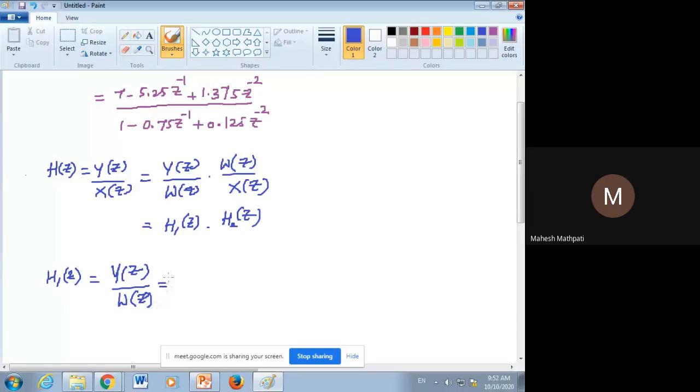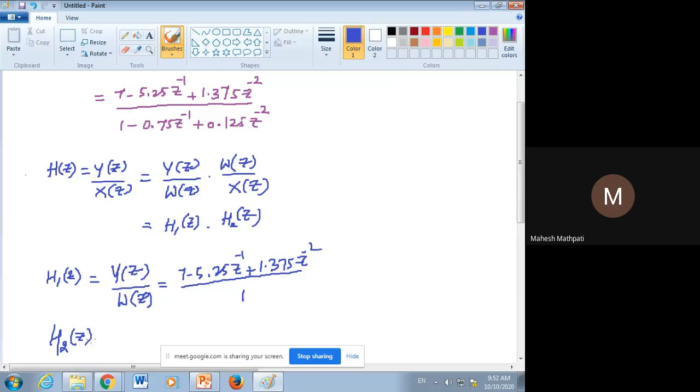The first part I will take as 7 minus 5.25 z inverse plus 1.375 z power minus 2, divided by 1. Can I take it like this, right? And H2 of z equals what can I take?